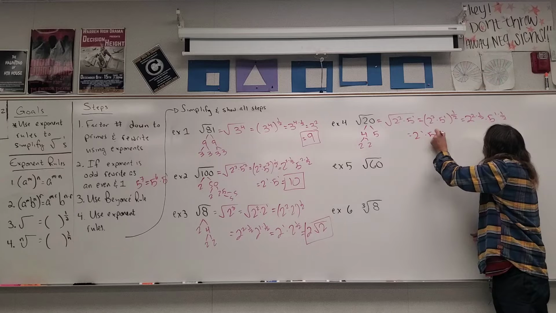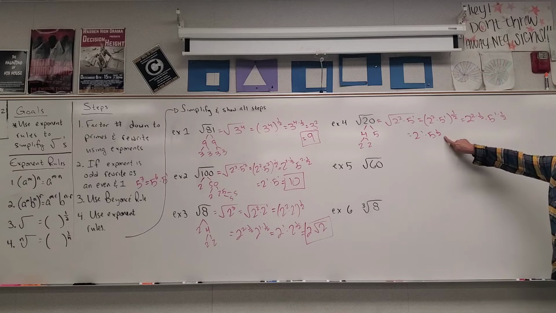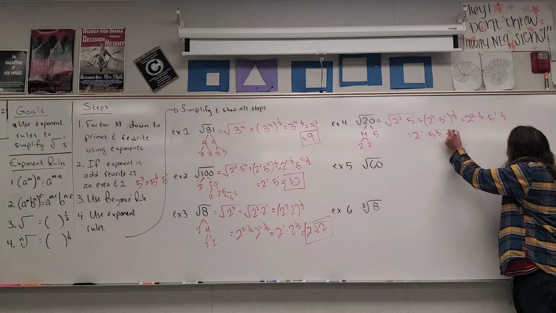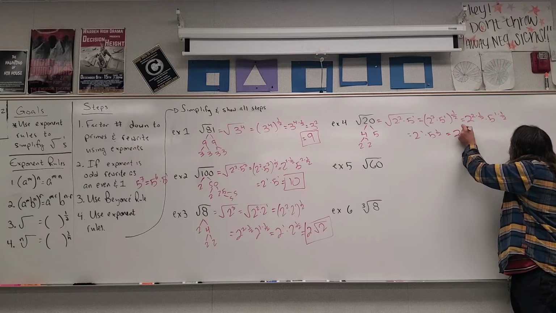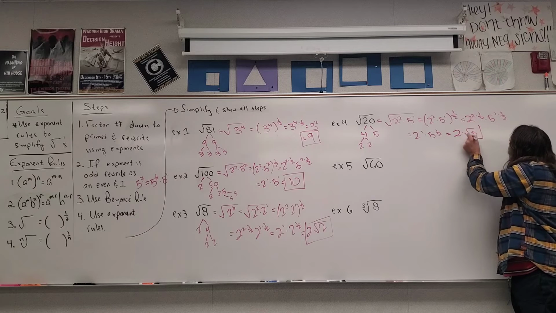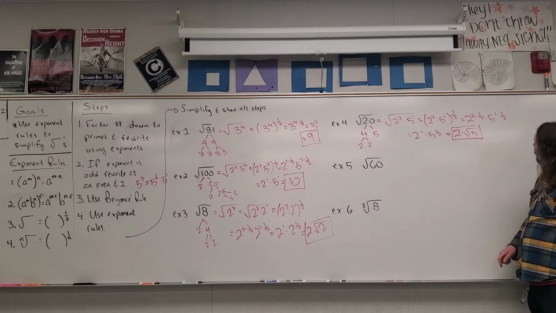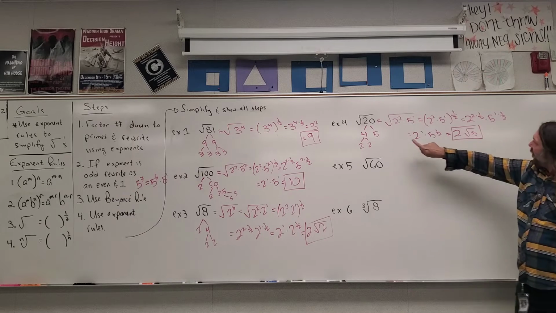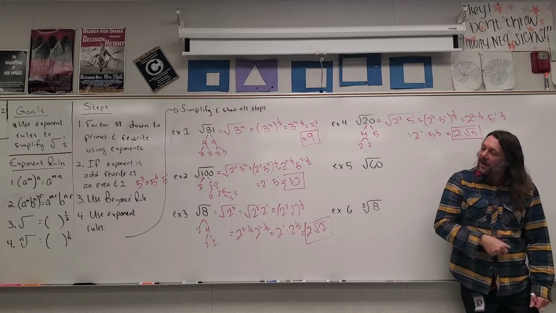Again, like before, if we get to the end of the problem and we have a 1/2, that number has to go back into the radical. So we get 2 times the square root of 5. That is the simplified version of the square root of 20.